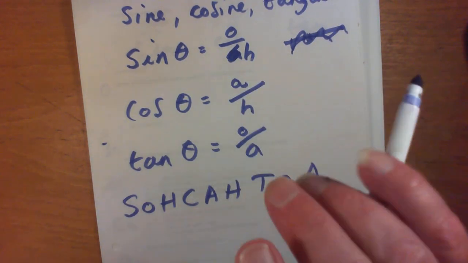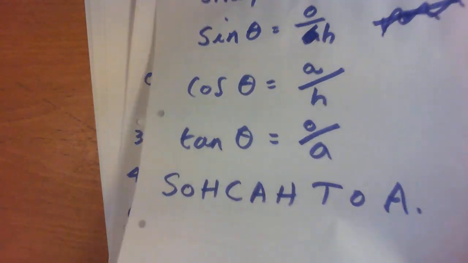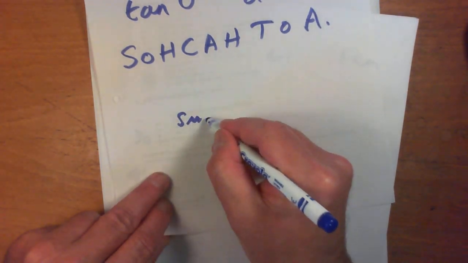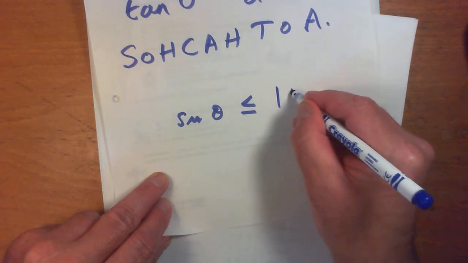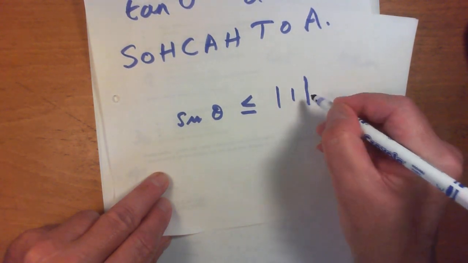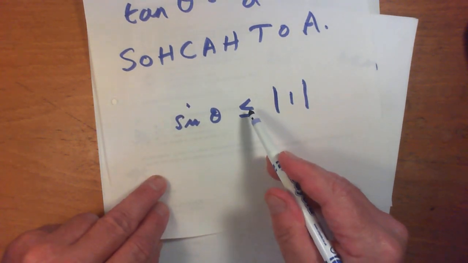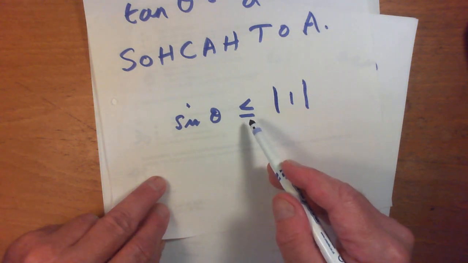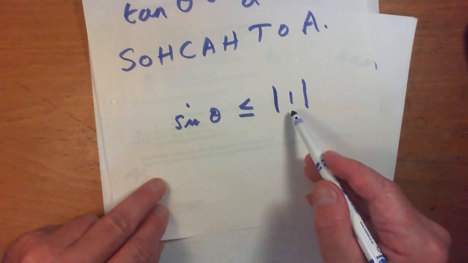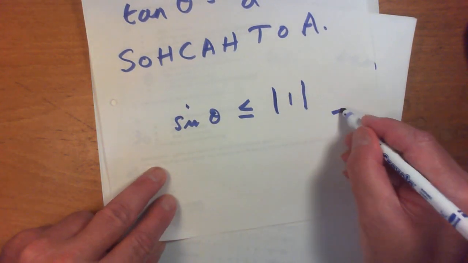By modulus, I mean I'm accounting for -1 as well. When I say sine is less than or equal to 1 in modulus, that could include the negative numbers as well.